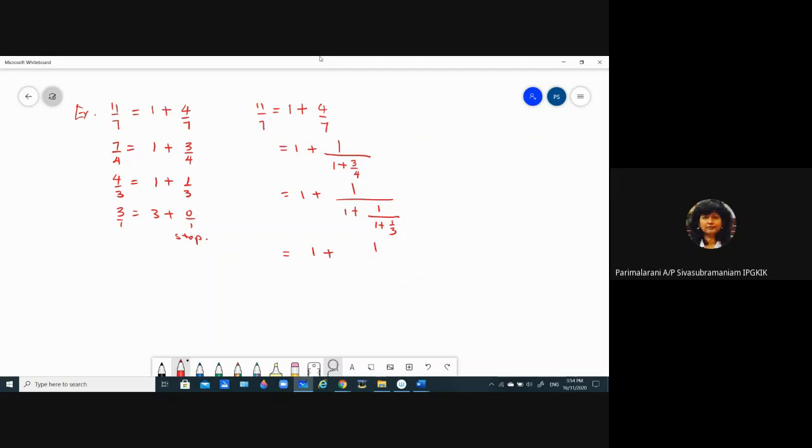We don't have to do the last line, because we've already reached here. When we come until here, we can stop already. So this is the answer: 11 over 7 is equal to 1, 1, 1, 3.